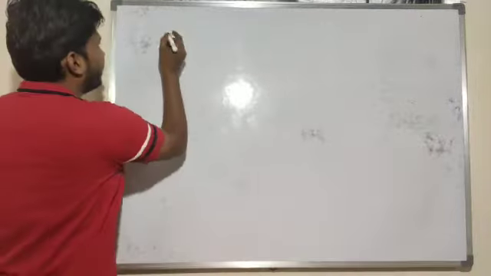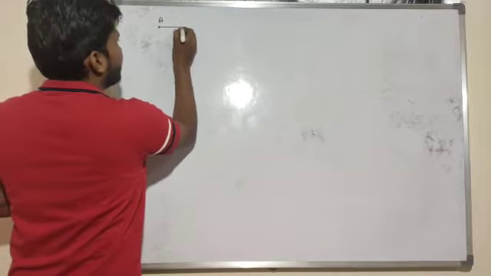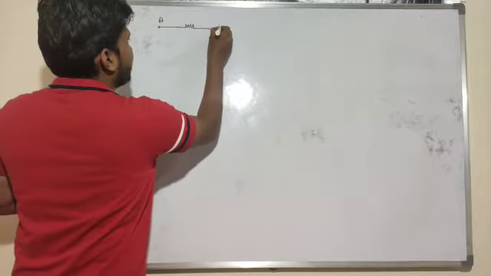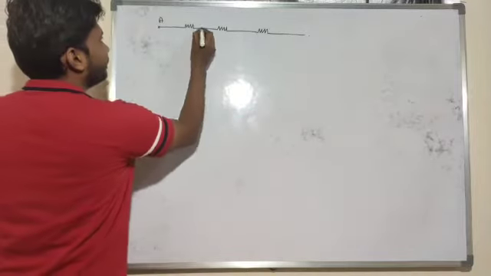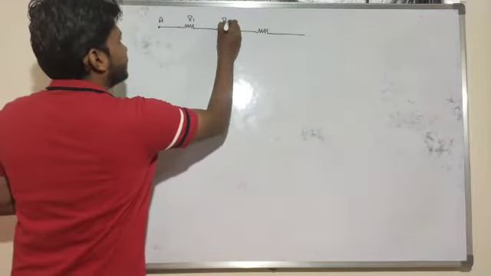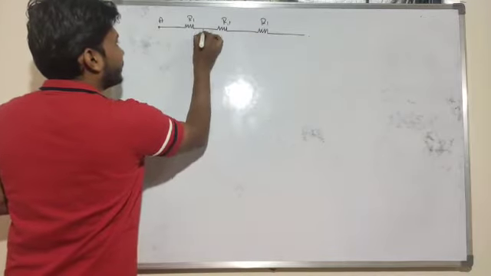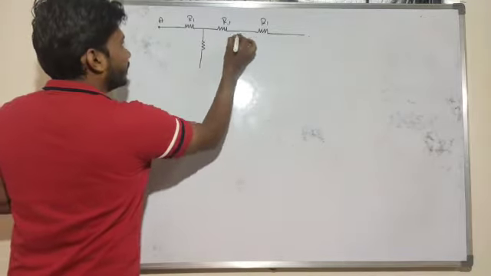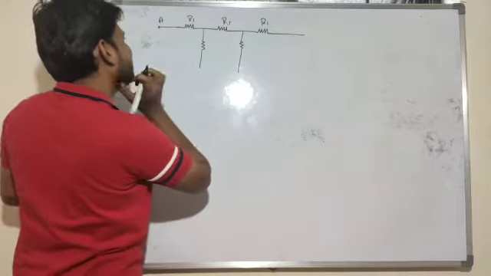So for example, let me draw the circuit here. This one is point A. Here I will name these resistances as R1, identical here, here one resistance, here one resistance. So like that.